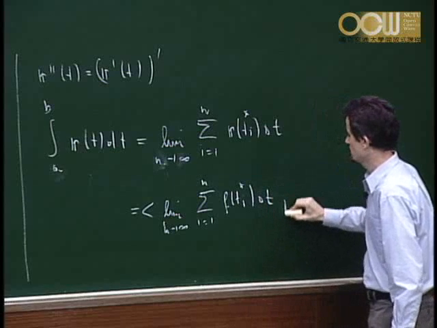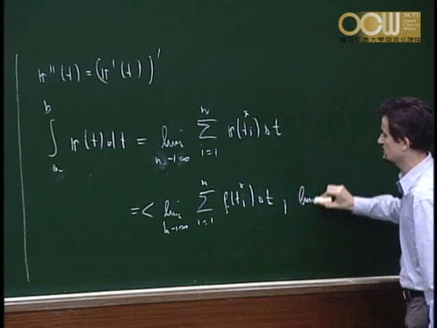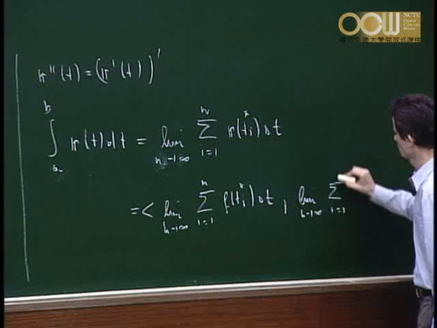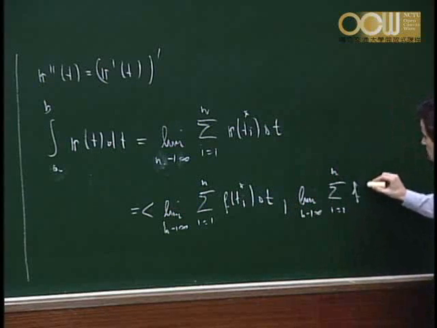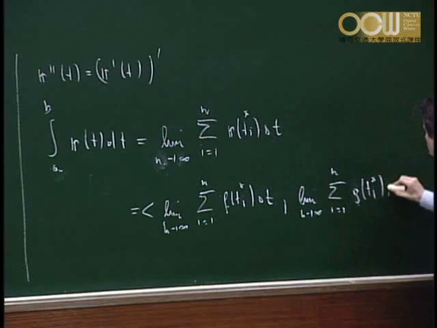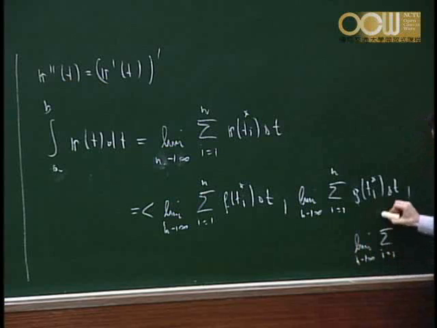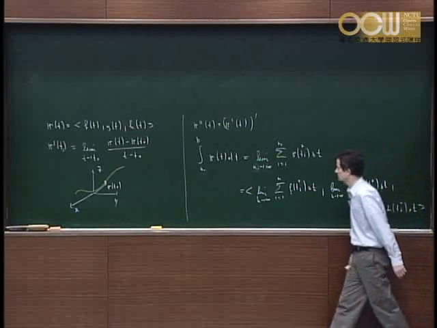And then in the second component, just the same, with g of t_i star delta t, and also a limit n tends to infinity of the sum i from 1 to n, and then h of t_i star delta t. This is the third component.